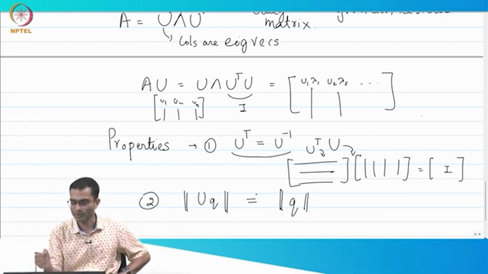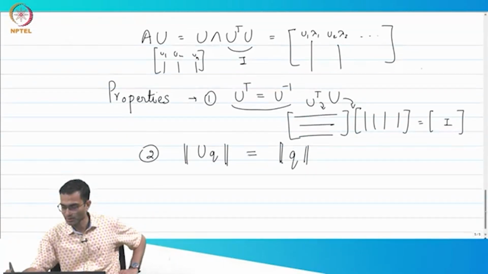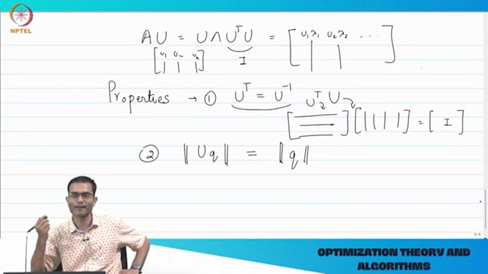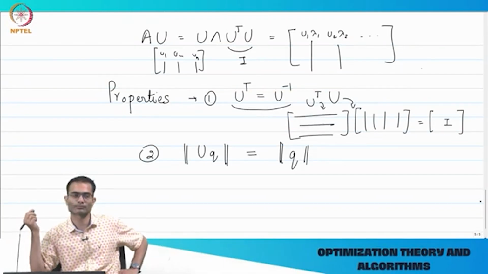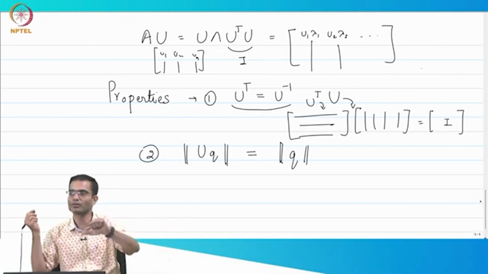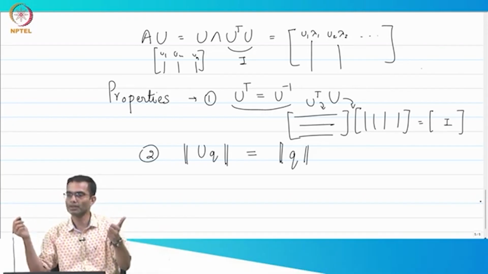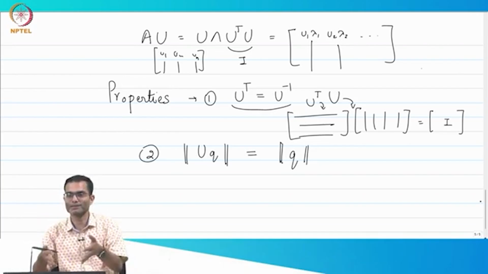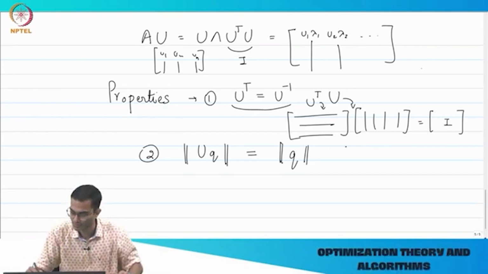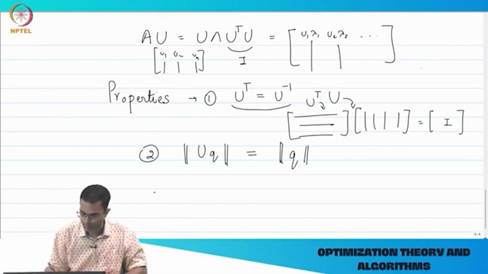So that gives us a nice geometrical interpretation. In n dimensions, what's going on? It's a rotation. I take a vector, multiply by U, it just rotates it. Rotation does not change length, right? You can write this algebraically, which does not have much intuition, but now you see it's actually just a rotation. So it's length preserving.